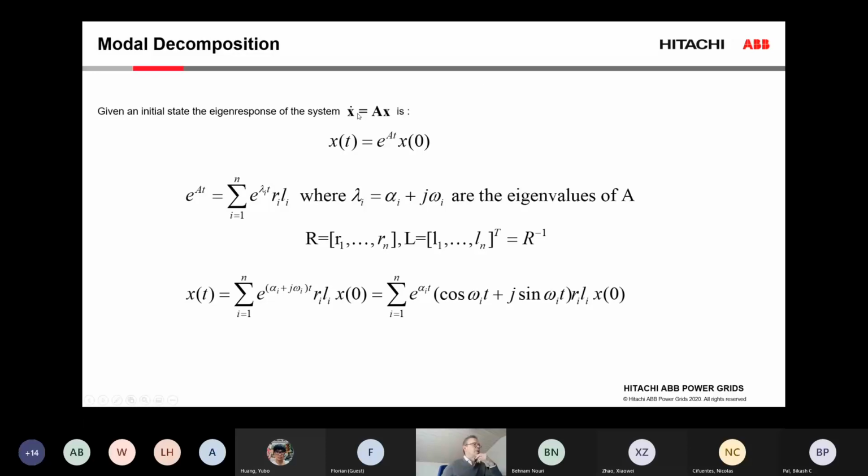we get through the linearization an equivalent, approximate linear representation where the state derivative is equal to our system matrix times the state itself.